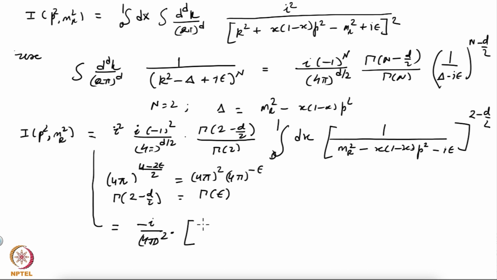Here, expanding the gamma around epsilon equal to 0, you will get 1 over epsilon minus Euler gamma plus order epsilon term.